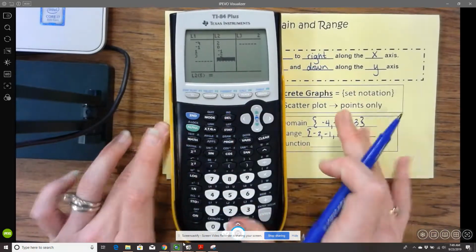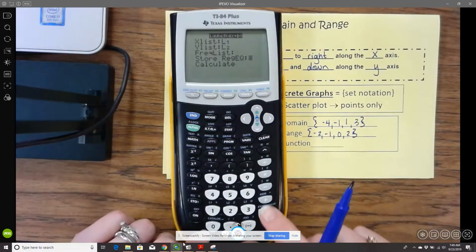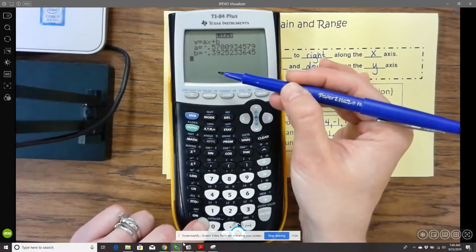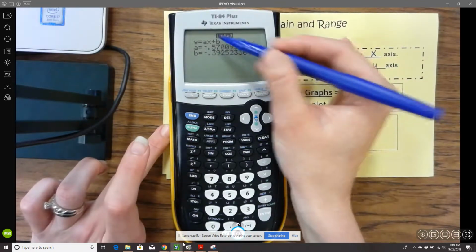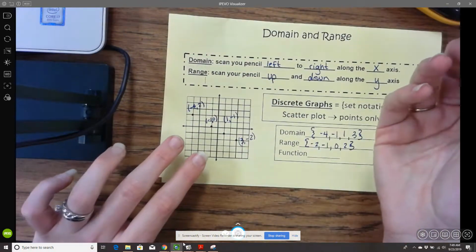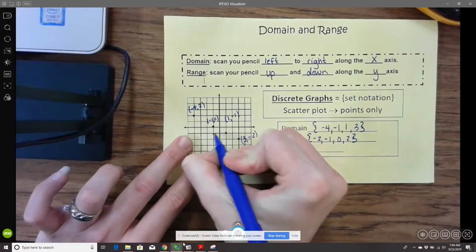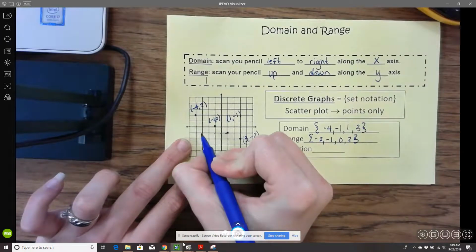So to get the function off this, you're going to do stat over to calc 4 and then down here to calculate. And then this is going to give you the function. And so you can write it, you can change these into fractions, or you can do rise over run if you want. So you could have down 1 over 2 could be your slope, but it's not going to be the same.